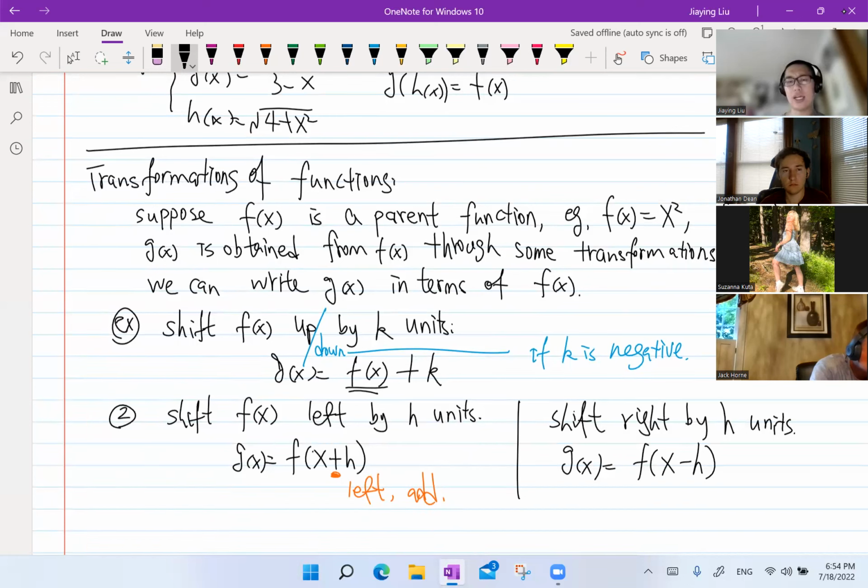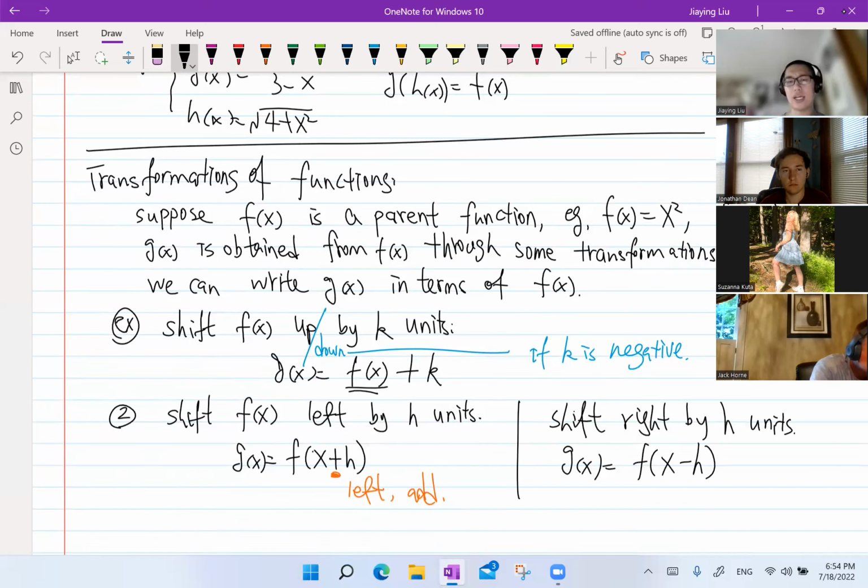And the next one we can talk about is reflection. So we can have a horizontal reflection. When we say horizontal reflection, what we mean is we take a shape or function and then we reflect it over the x-axis.